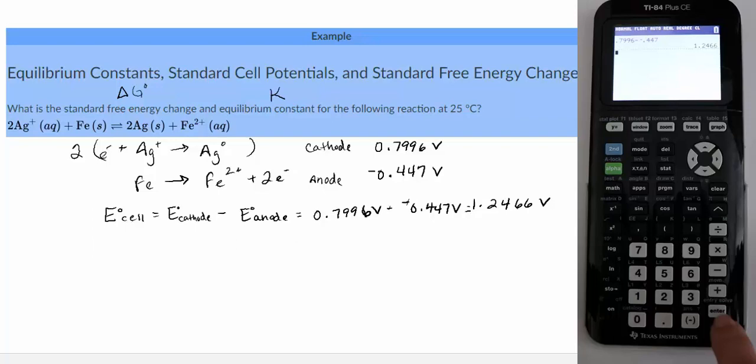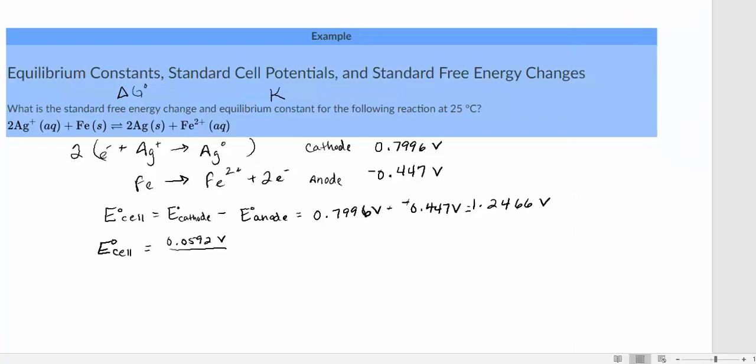Now I can use this E naught of the cell in order to calculate my K value, because I had an equation where the E naught of the cell is equal to 0.0592 volts over N. N is the number of moles of electrons used in the overall equation. So here we needed 2 electrons on either side. Therefore, n is 2. Then I have the log k.